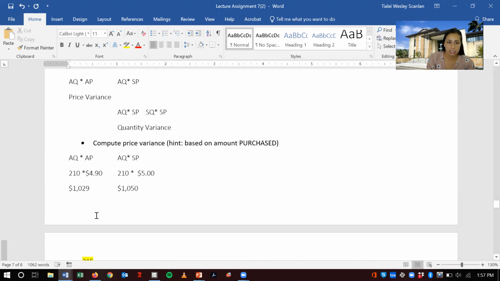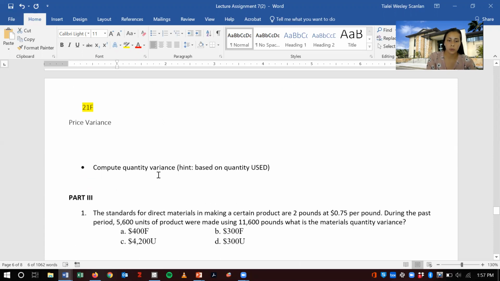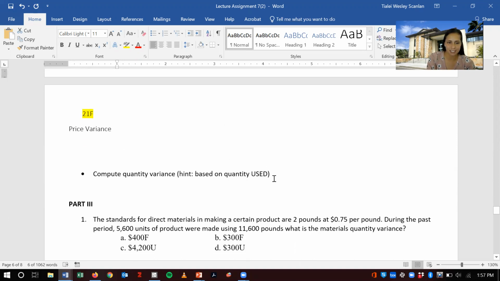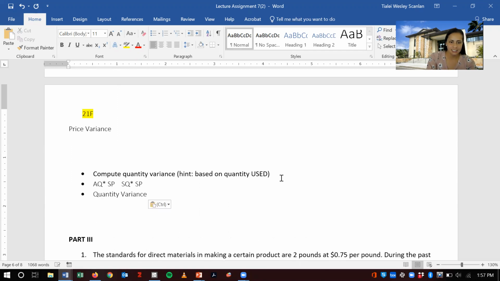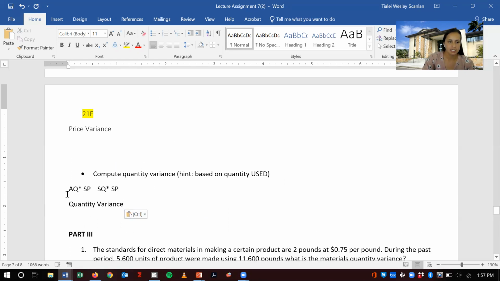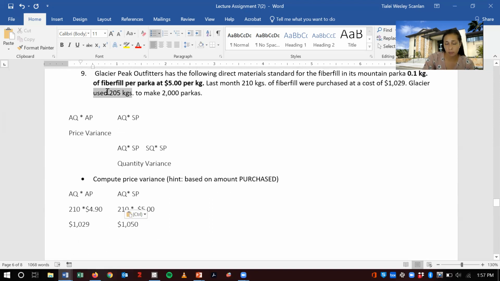Now for the quantity variance, I'm going to use this part: actual quantity multiplied by standard price, minus standard quantity multiplied by standard price. They're actually using 205 kilograms.